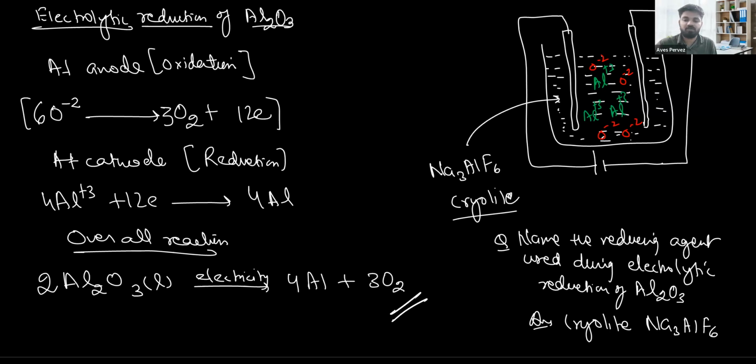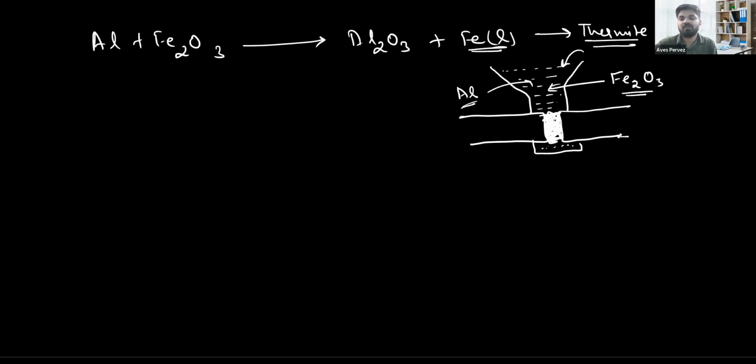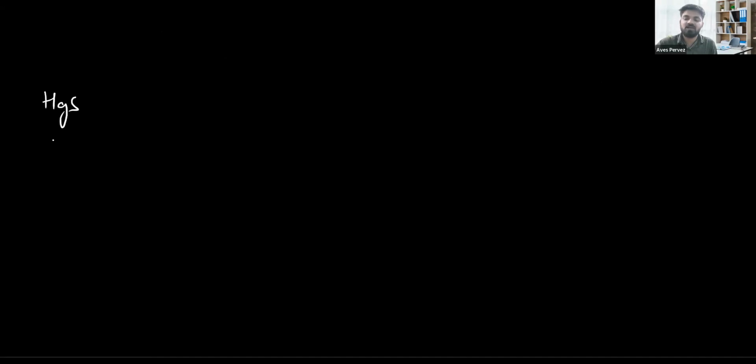Done, everyone. Okay. So now we have learned how metals can be reduced from their respective oxides. We have learned that if we have HgS, Cu2S, or Ag2S, then these can be reduced by simple roasting.